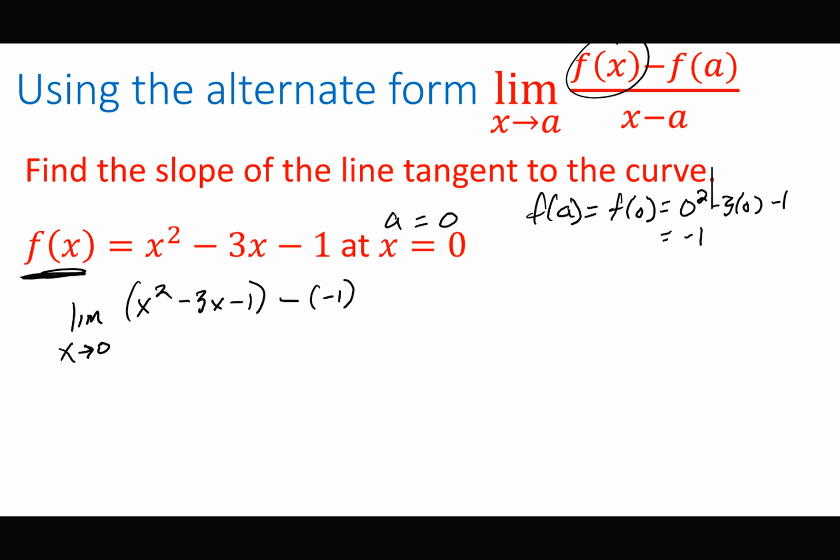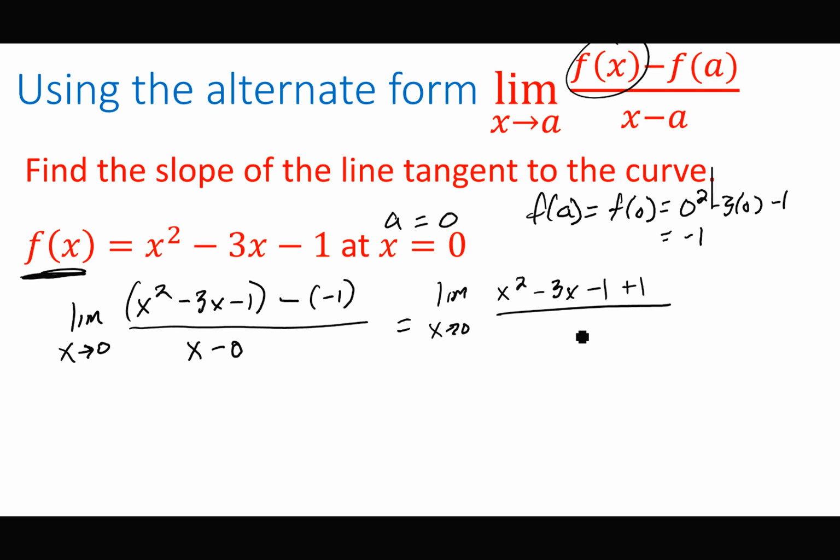Okay, it's subtracting those two, and it's subtracting -1. All divided by x minus a. Well, my a is 0, so it's x minus 0. So we can think of this as, write out the limit: limit as x approaches 0 of x squared minus 3x minus 1 plus 1 all over x.